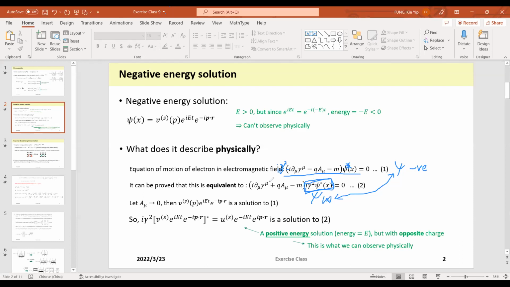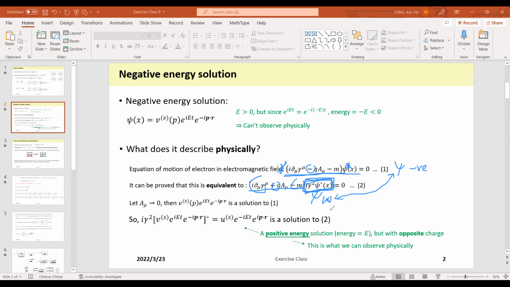I think I've said these two equations have the same form except the charge. They are entirely the same except the charge, and the first term and the second term are all the same. But you said they're equivalent because you just do a number of operations to bring equation 1 to equation 2, and now we define a new variable psi prime.